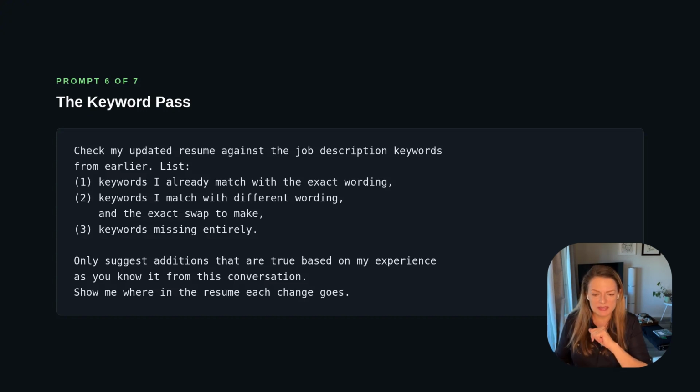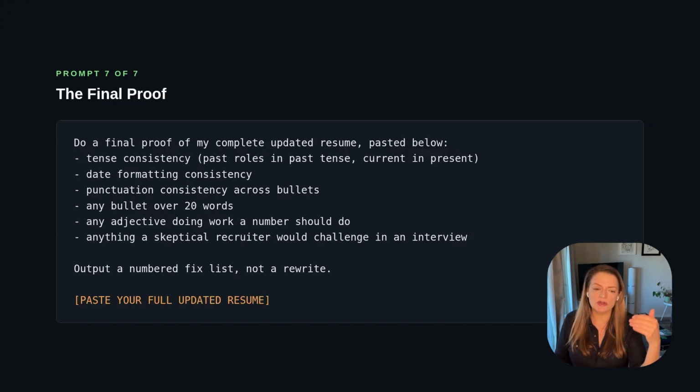And your prompt number 7, the final one, output a numbered fix list, not a rewrite. So at this point, ChatGPT is still working on this together with you. Fix it, not rewrite it. Because at this stage, you still want control. And in fact, you always want control.